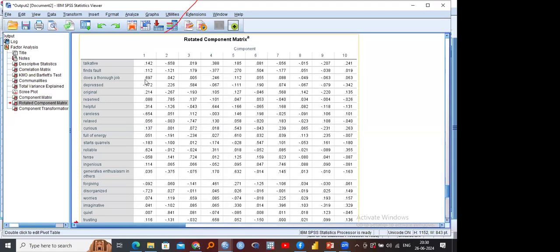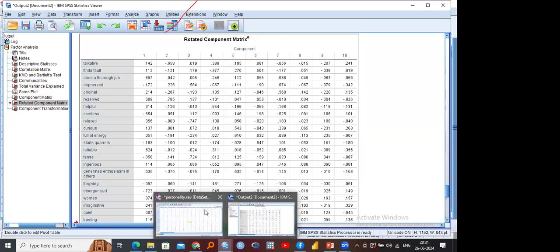Now, if you remember, I did tell you that there was one option in the output section, sort by size, if you remember. Let us do that and see how it changes your rotated component matrix. Okay, so let us rerun it, sorting by size.